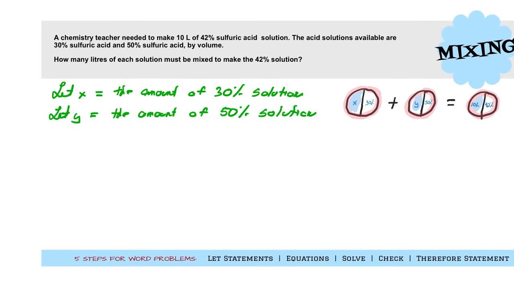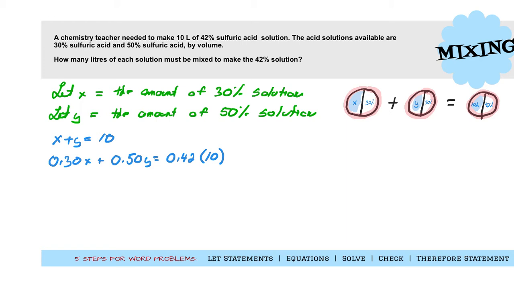So now our equations will be x plus y equals 10, that's the amount, and then 30% of x plus 50%, I did that wrong, I need to go back, just switch that out. So it's 50% of y equals, now be careful here, it's 42%, but you've already got the 10.